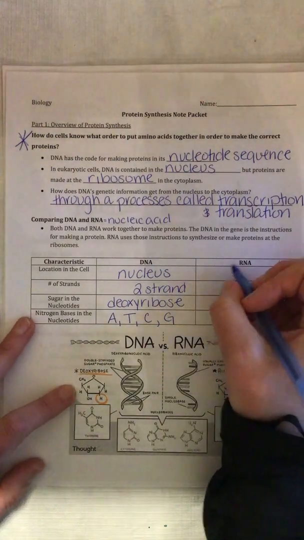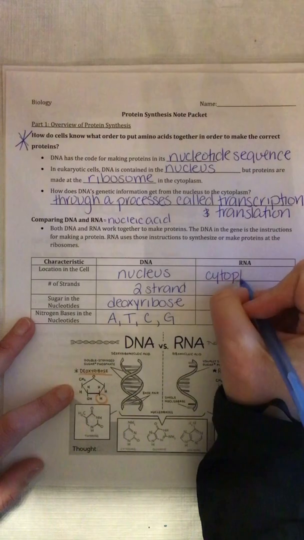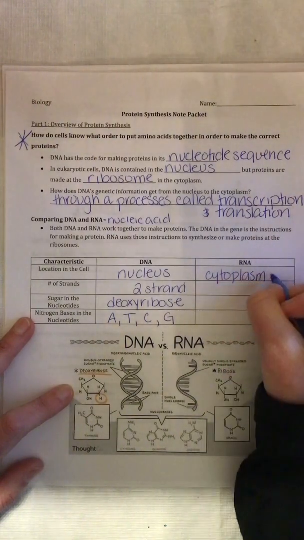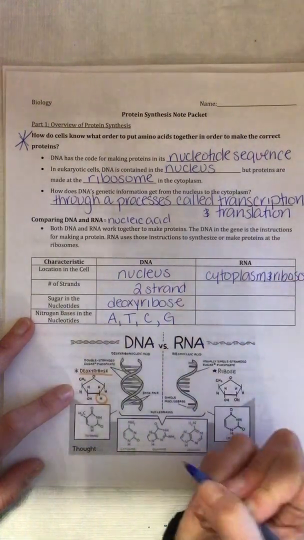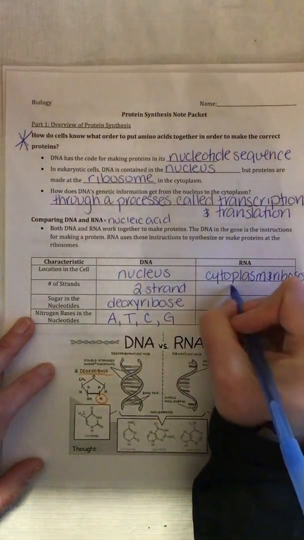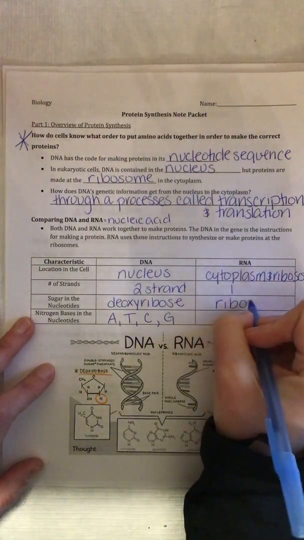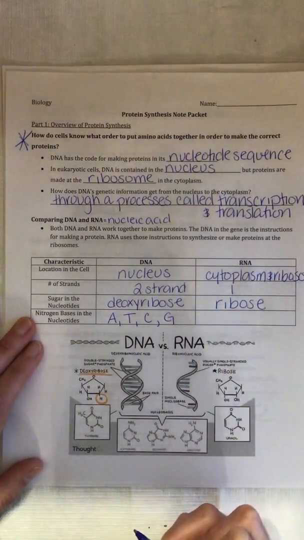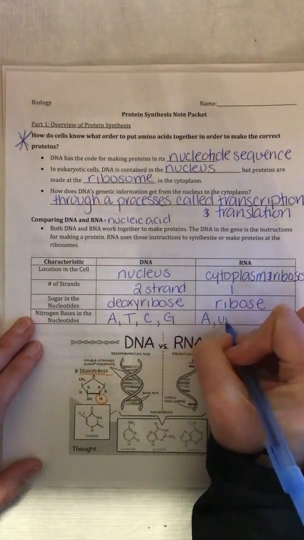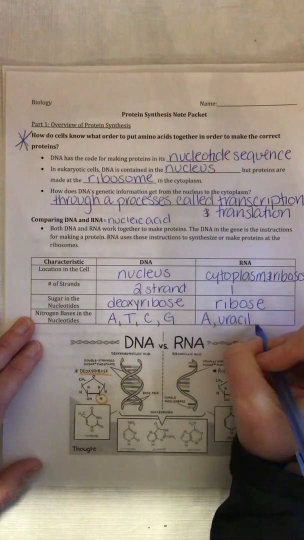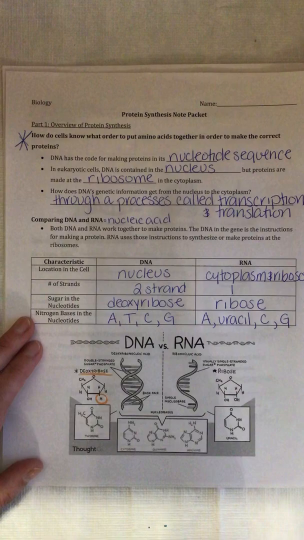RNA is in the cytoplasm and ribosome. The number of strands is 1. The sugar is ribose. And the nitrogen bases are adenine, uracil, cytosine, and guanine.